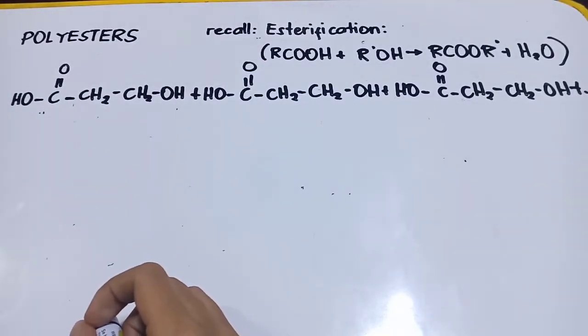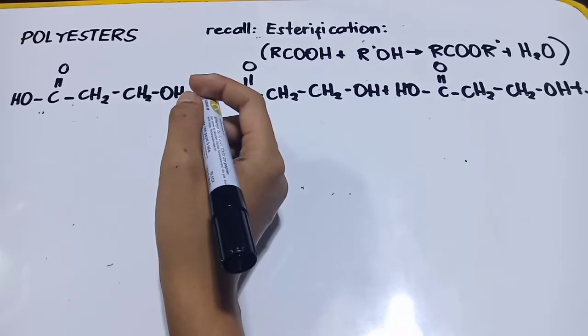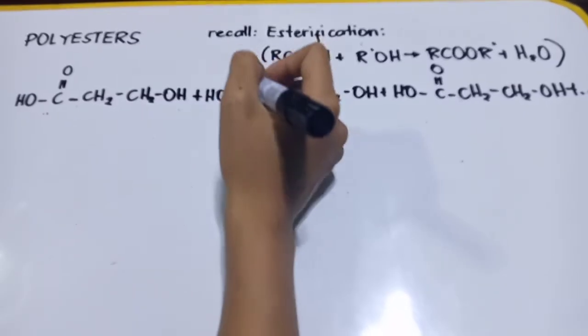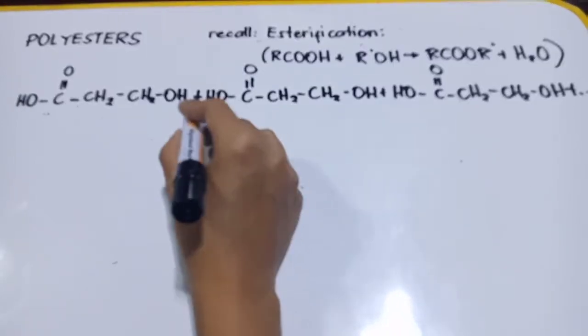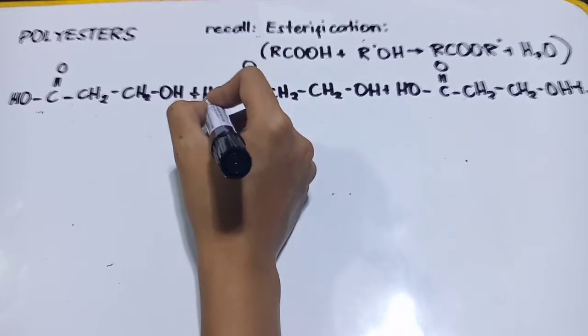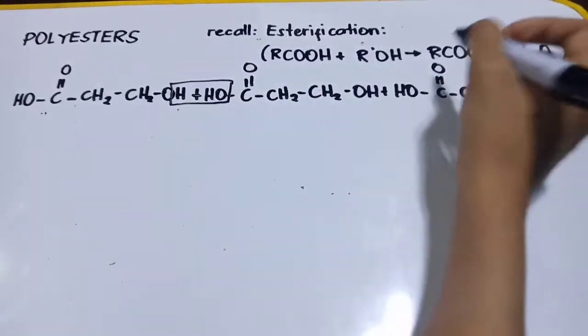The first thing we need to do in finding the product is to identify the ester linkages that produce water. We will get it after adding the two monomers. So, OH from the carboxyl group and H from the hydroxyl group.